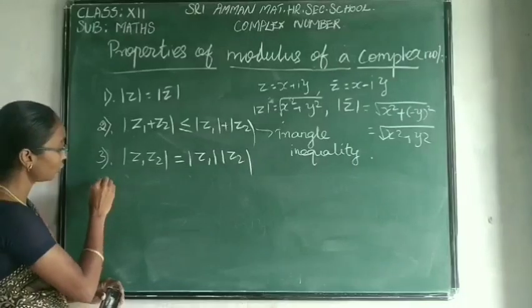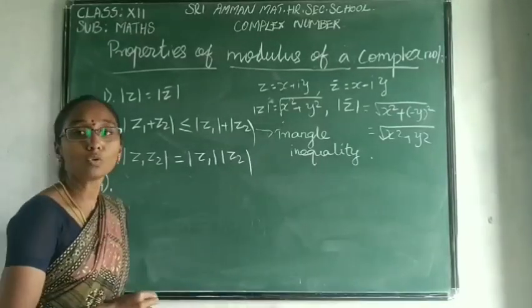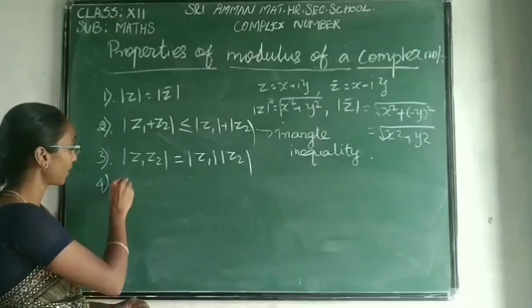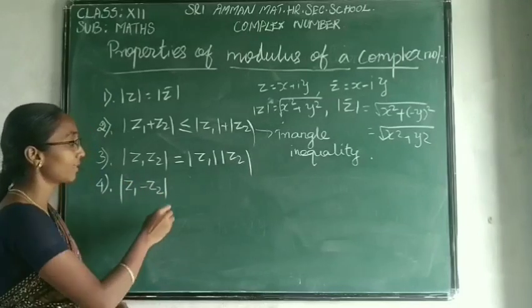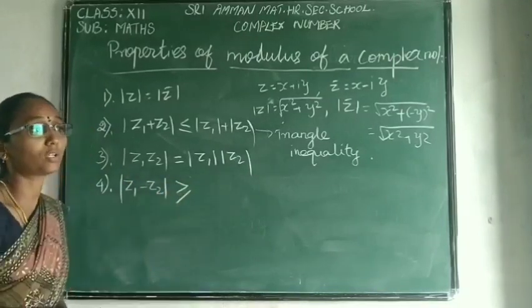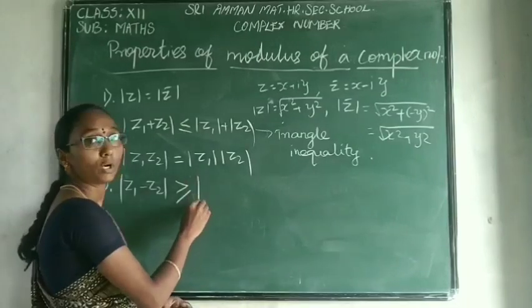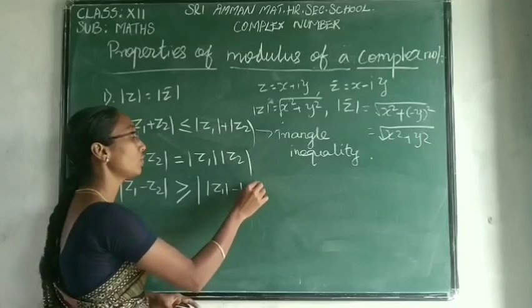And then the fourth one: the difference between two complex numbers taken as the modulus. Modulus of z1 minus z2 is greater than or equal to the modulus of modulus of z1 minus modulus of z2.